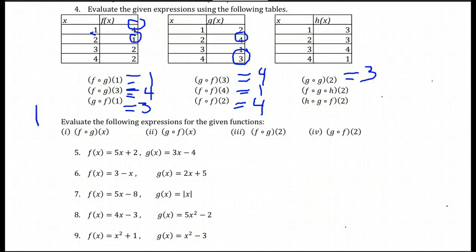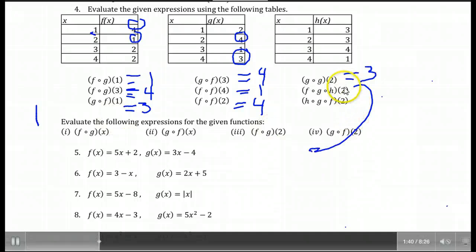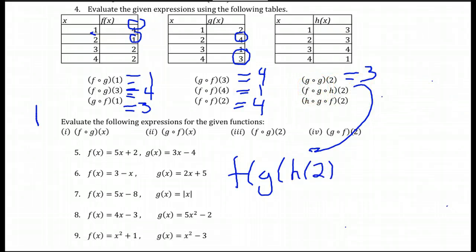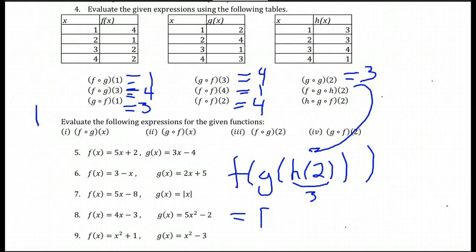For the next one, we've got a triple. We're going to do a very similar thing. We're just going to take the 2, plug it into h, take that result, plug it into g, take that result, plug it into f. So we're looking for f of g of h of 2. To find h of 2, go to the h table and compute that output. It's 3.